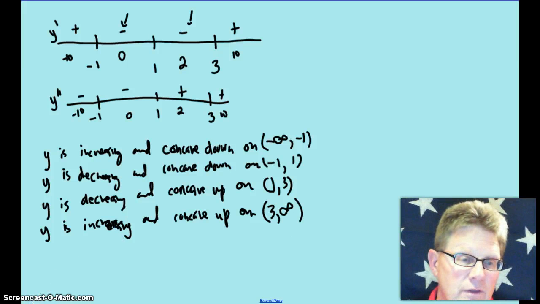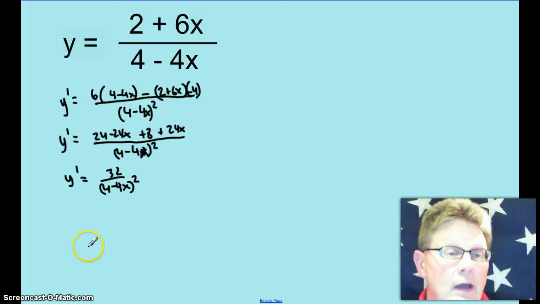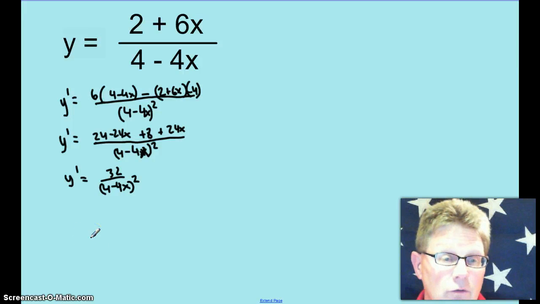Let's try one with a quotient rule and see if it's just as complicated or crazy. Alright, first I'm going to let you find the derivative of that using the quotient rule. I'm going to pause it and come back. Alright, I got y prime equaling 32 over 4 minus 4x, quantity squared.